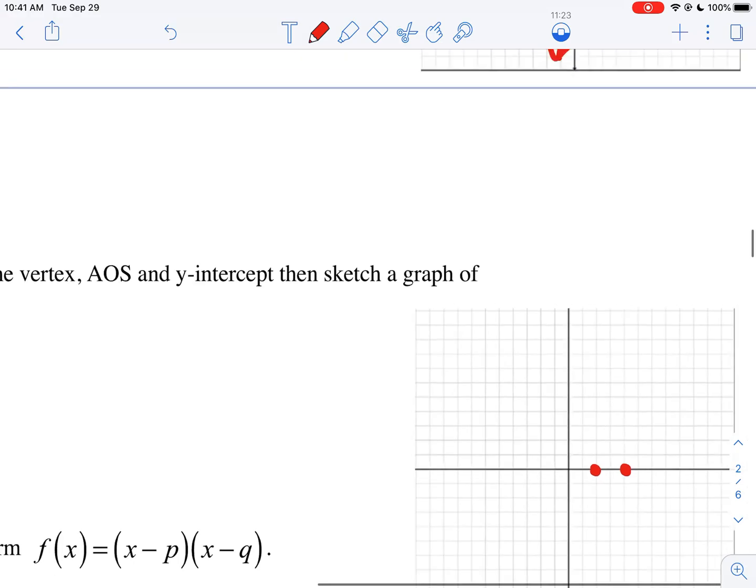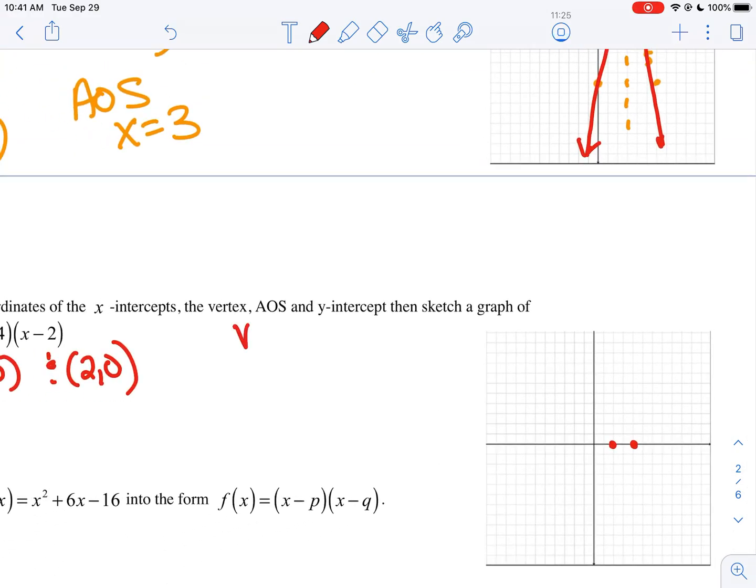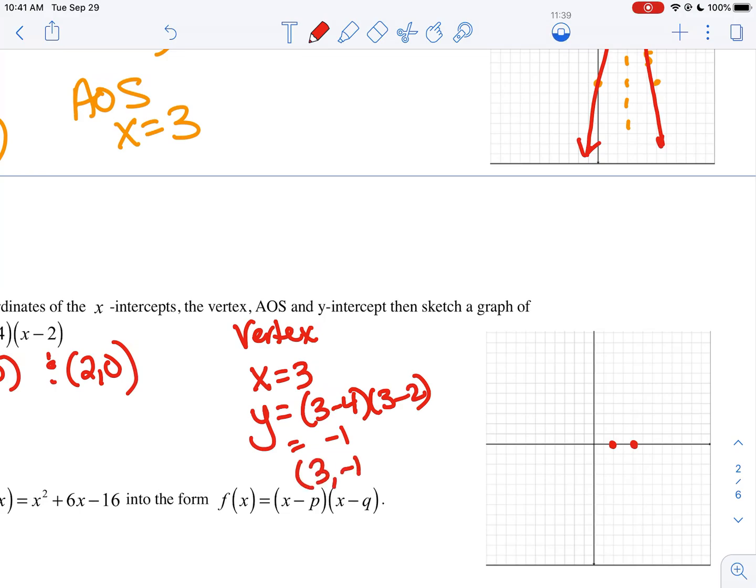So that means the vertex is halfway between. So my vertex is going to occur, what's halfway between 4 and 2? That's going to be x is 3. Then all you do is plug that in. So my vertex is (3, -1). Then that makes my axis of symmetry x equals 3.